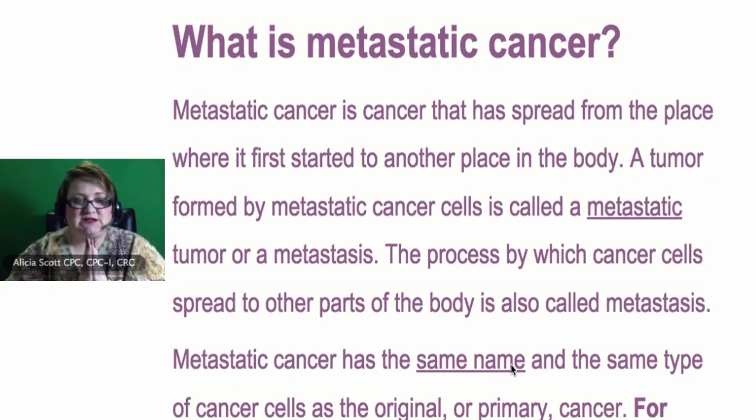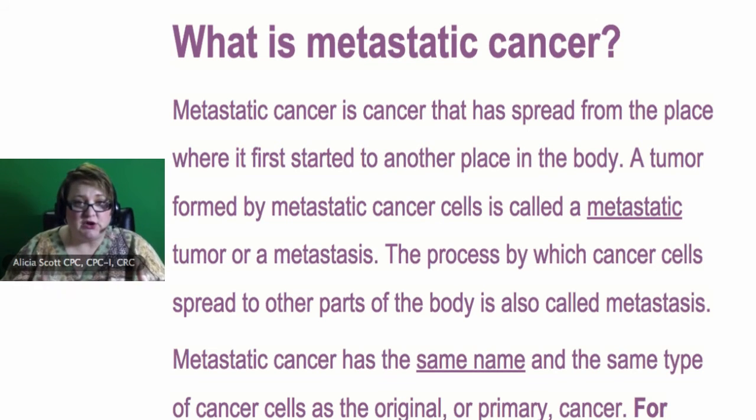What is metastatic cancer? Now, as you're coding, you learn this very quickly because you're tested on it. It's one of the things that is covered frequently. However, the lingo and the verbiage, sometimes you get kind of confused because they're throwing all this stuff at you. To metastasize is to move from one place to another.